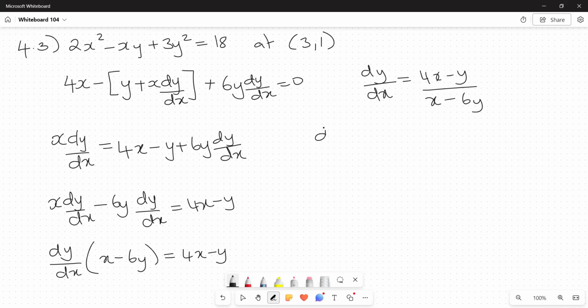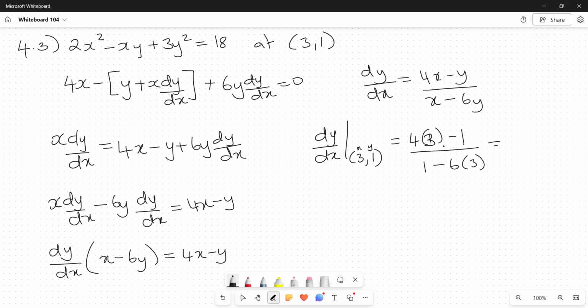So we write dy/dx at the point (3, 1). This is 4 times 3, because this is x and this is y, minus 1, over 1 minus 6 times 3.